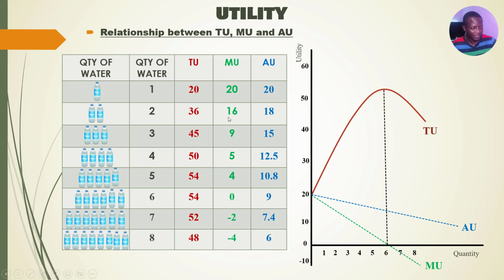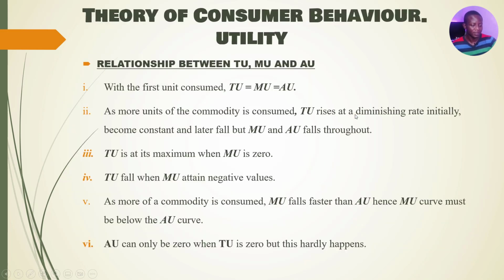That's the sum of the marginal utility. Yet the marginal utility keeps falling and falling. So as it keeps falling, adding them up will cause the total utility to increase, but at a diminishing or at a decreasing rate. That's the second relationship.